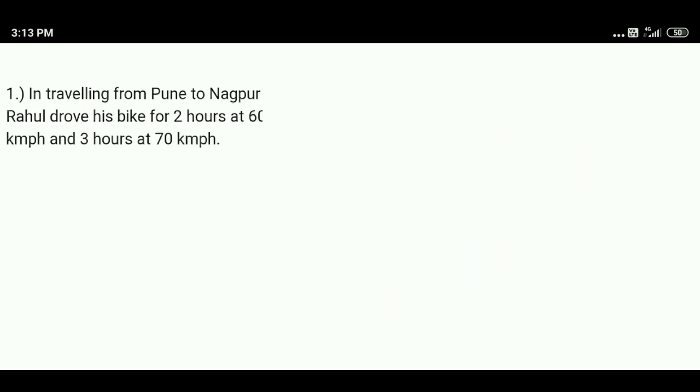Now moving to the next question. This is an extra question, students, so that we can make the concept more clear. In traveling from Pune to Nagpur, Rahul drove his bike for 2 hours at 60 km per hour and 3 hours at 70 km per hour. Now what do we need to find? We need to find the average speed.